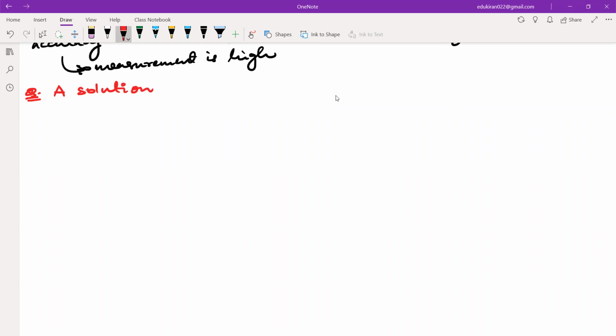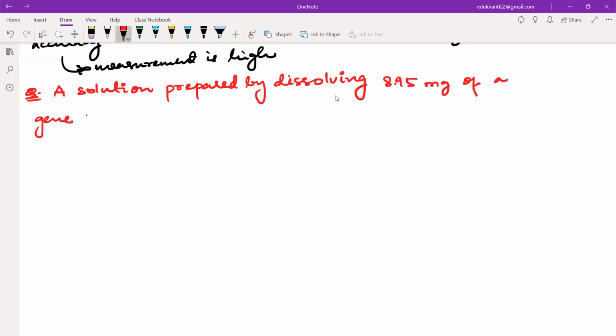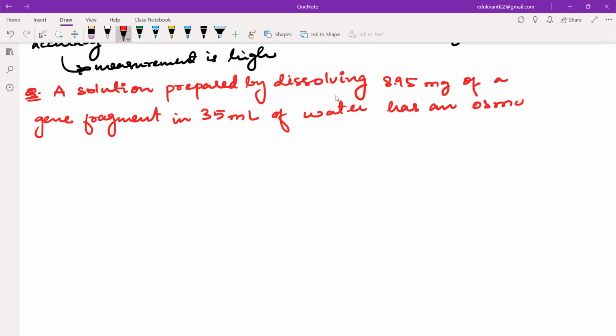Okay, right. A solution prepared by dissolving 8.95 milligrams of a gene fragment in 35 ml of water has an osmotic pressure of 0.335 torr at 25 degrees Celsius.